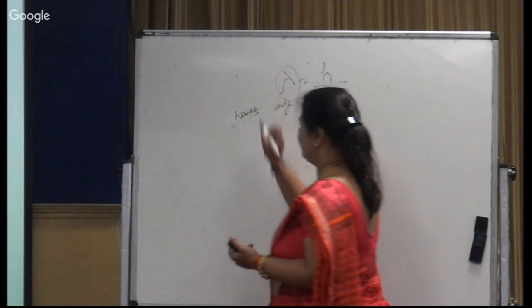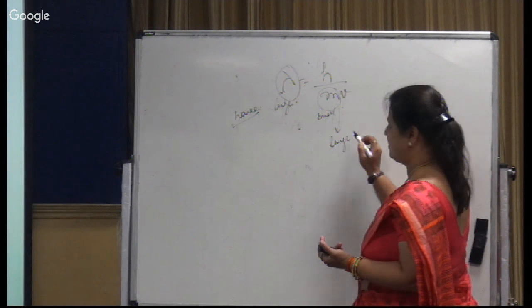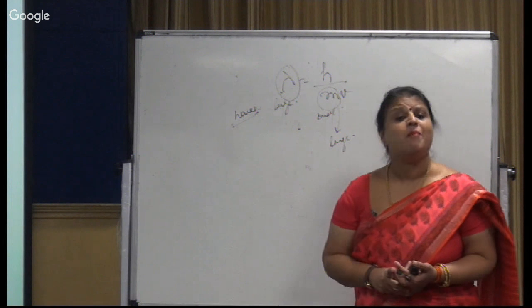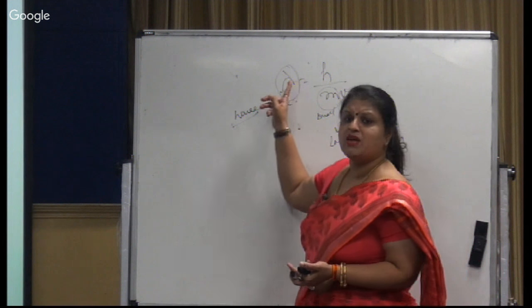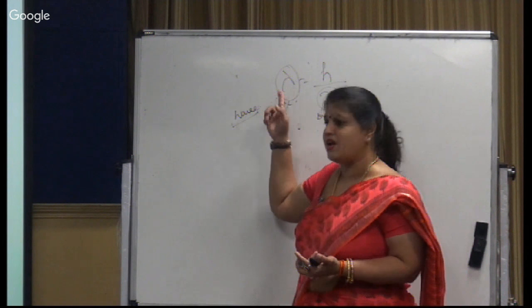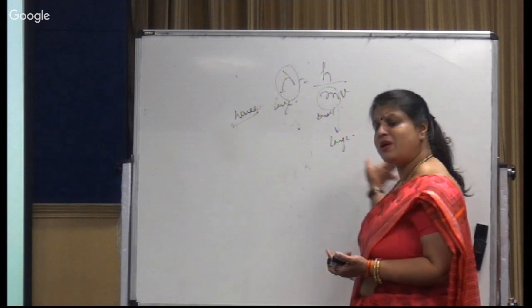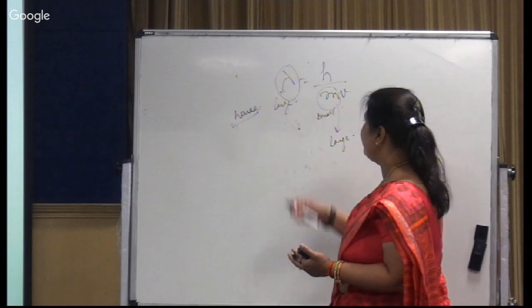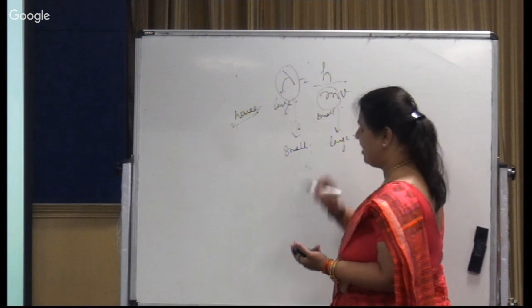Whereas if you look at a body of large mass, I mean to say macroscopic objects, this value becomes so small, it becomes negligible, it becomes a value which cannot be achieved. That means such macroscopic objects will have a very small or negligible value of wavelength.